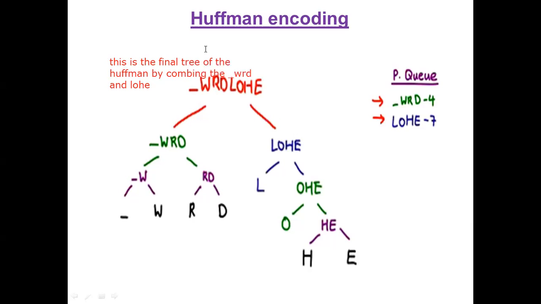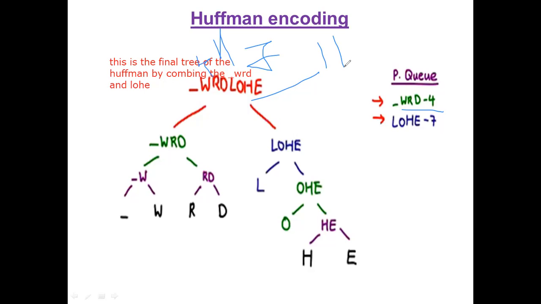So W R D is for 4th frequency, and this is for 7th frequency. If we combine both we get the 11th frequency, the highest frequency is 11, as we've seen before, 11 characters, and now it becomes 11th frequency.